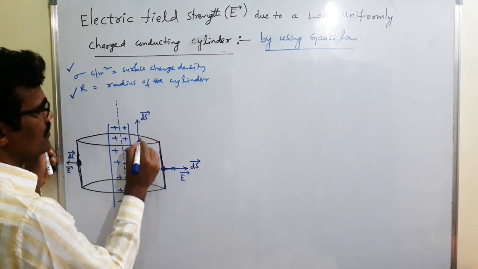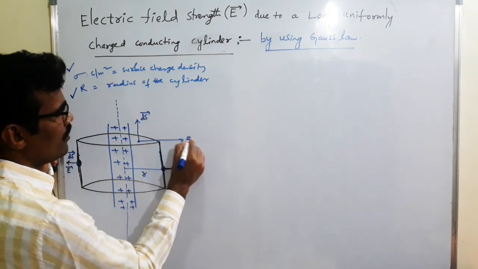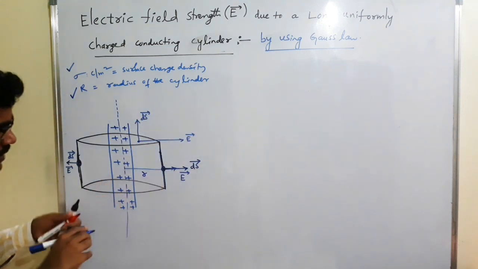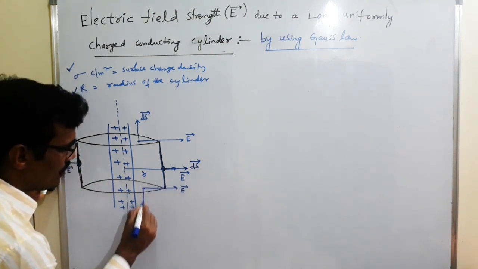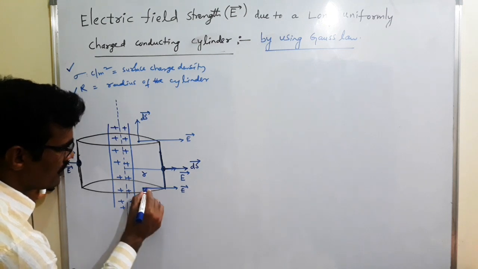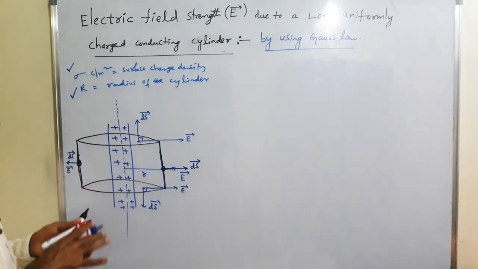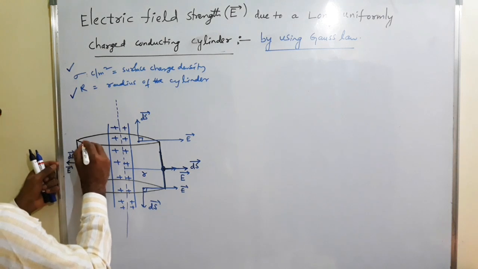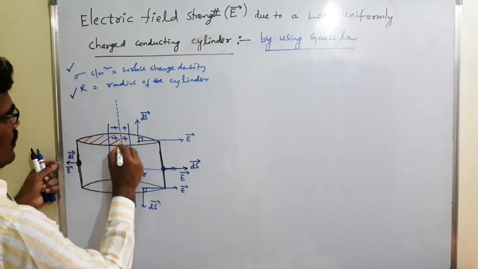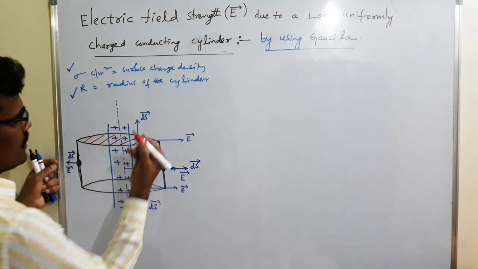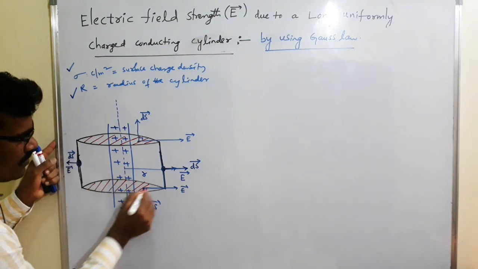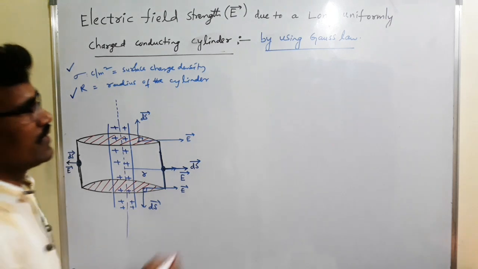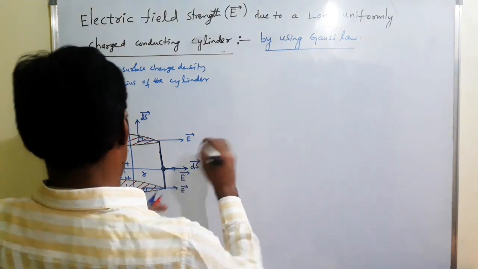What about here? ds bar this side, here E bar. What about here? This angle is 90, this angle is 90. Flux through a circular or flat surface is 0. Students, you should remember this one.